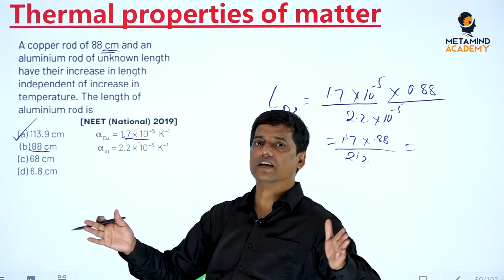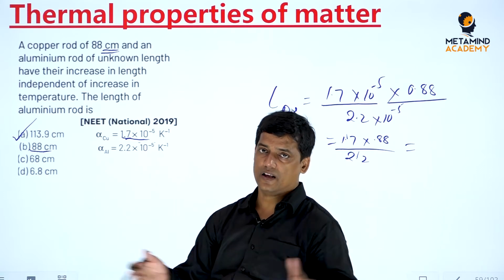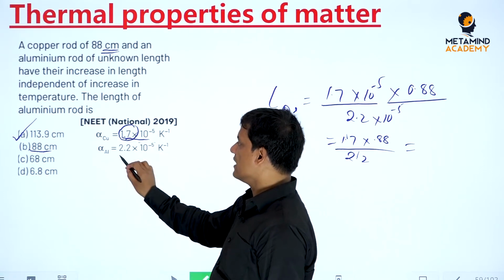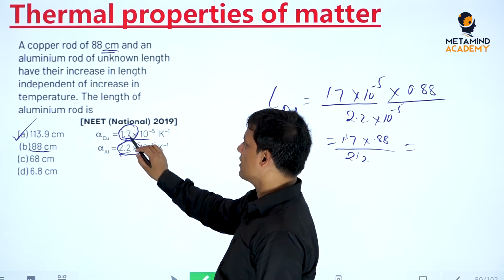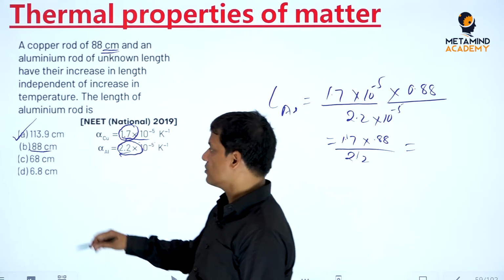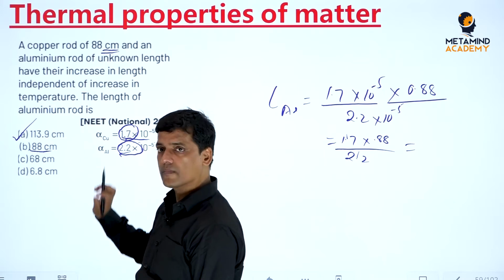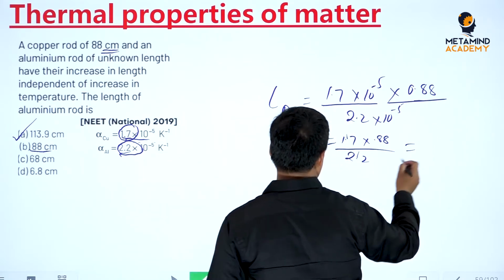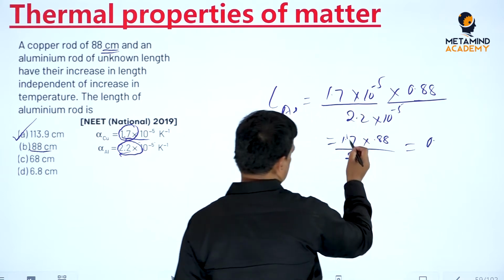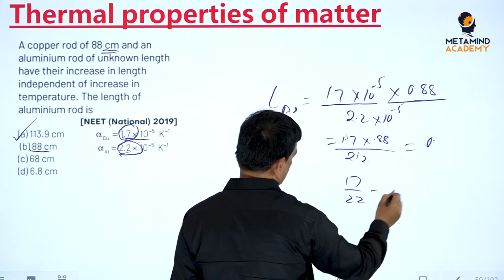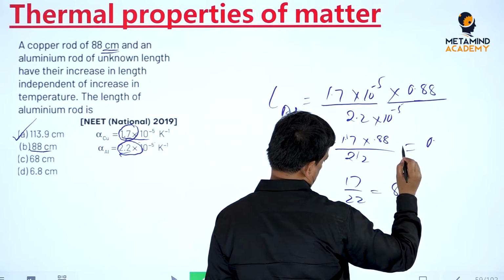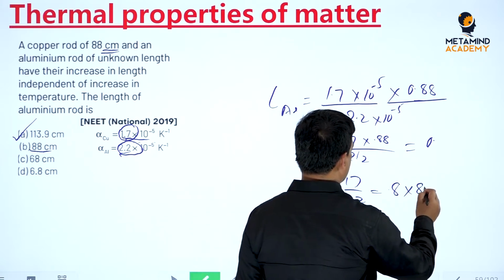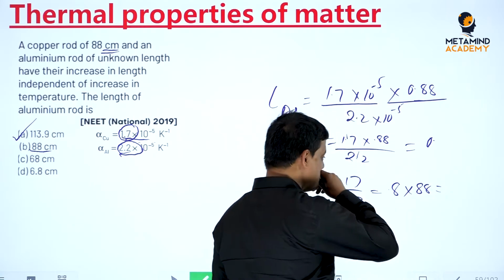If the lengths are the same, they will expand differently. So this is expanding lesser and this is expanding more, if you see 1.7 and 2.2. So how much is the length going to be? Almost this 17 by 22 will come, almost 0.8. 0.8 into 88 centimeter is how much?